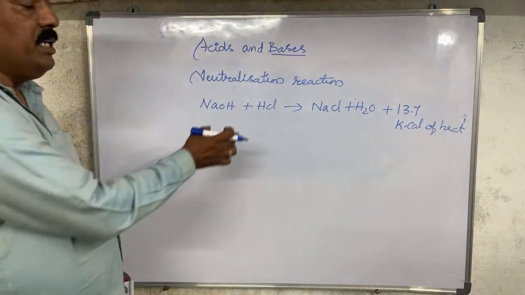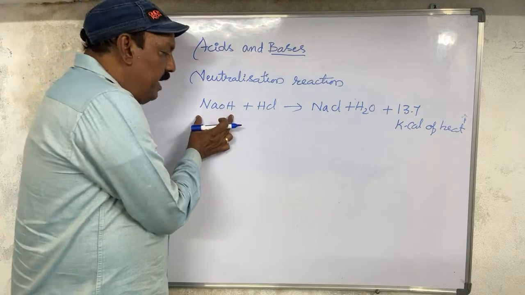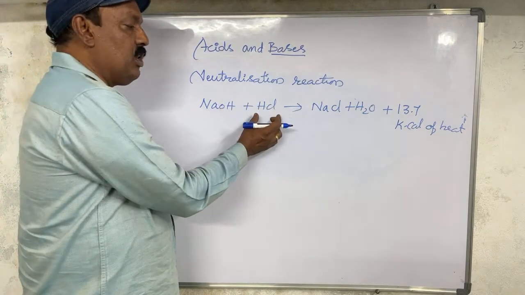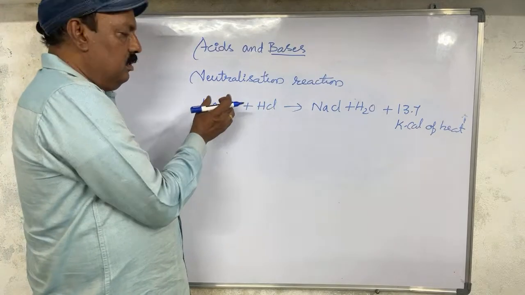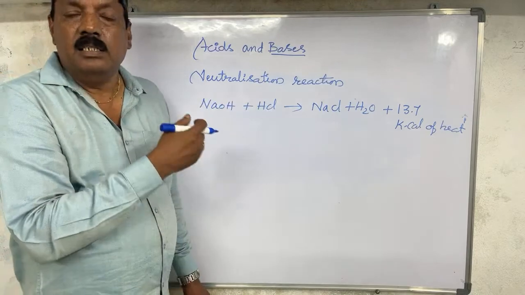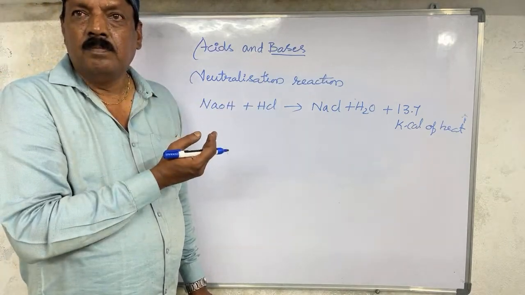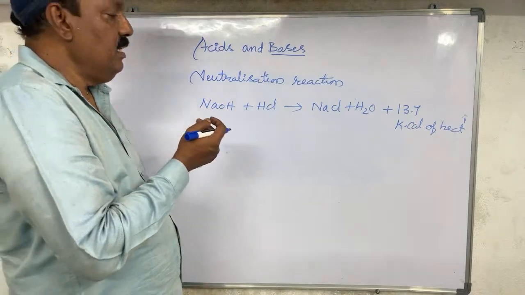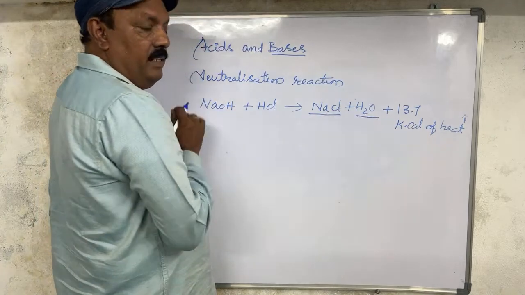Here, what does a neutralization reaction mean? Take one strong base NaOH, take one strong acid HCl, both are strong. Acid also strong, base also strong. And in the result, you are not going to receive acid, not going to receive base. You are receiving salt and water only.